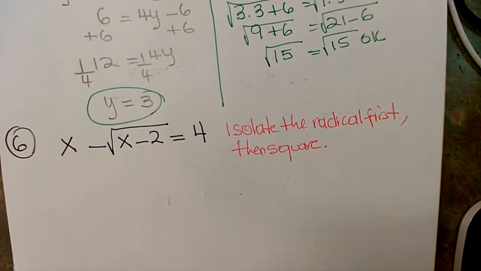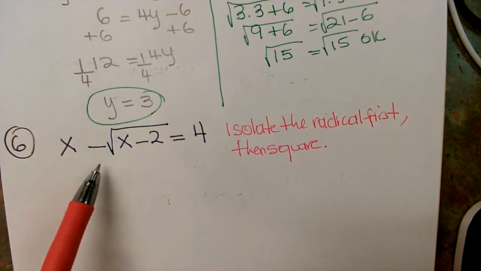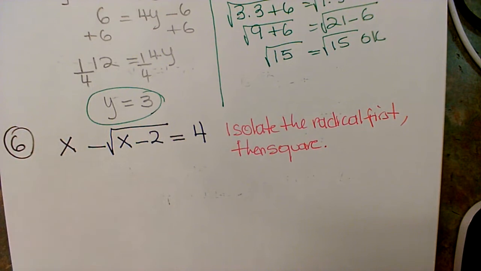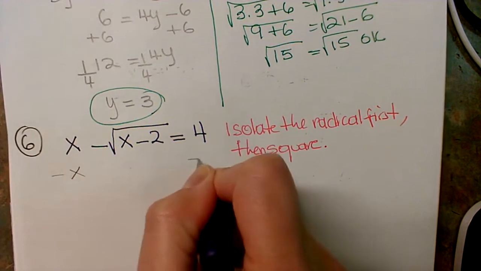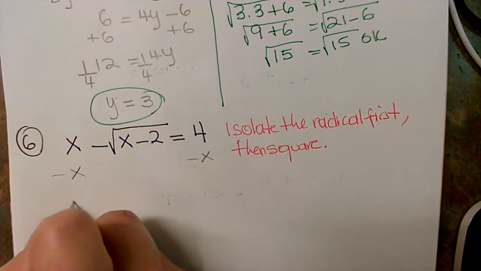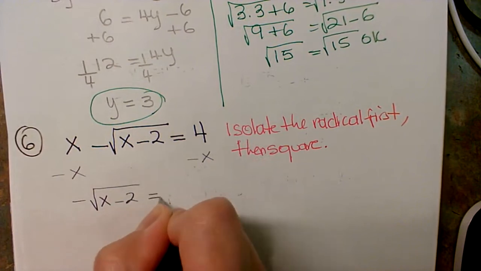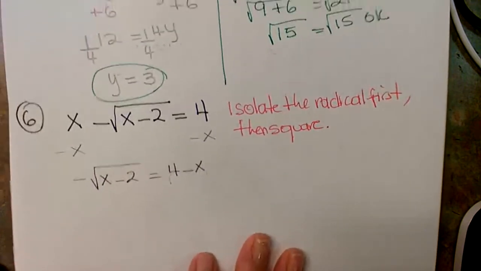There are a couple ways to do this. One of them is we could add. Let's do it this way. Hold on. Let me subtract the x on both sides. So what do we have? Negative x minus 2 equals 4 minus x, right?